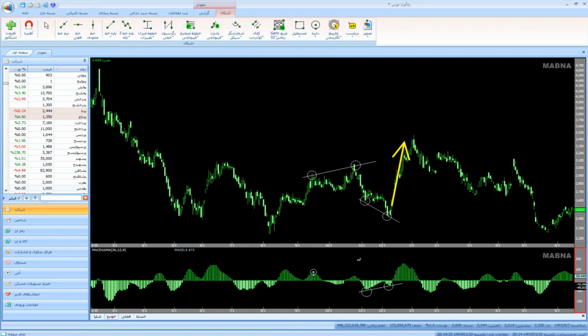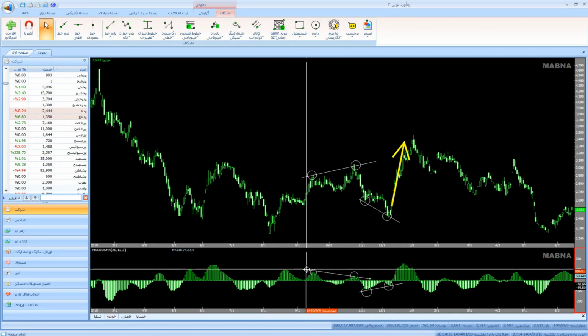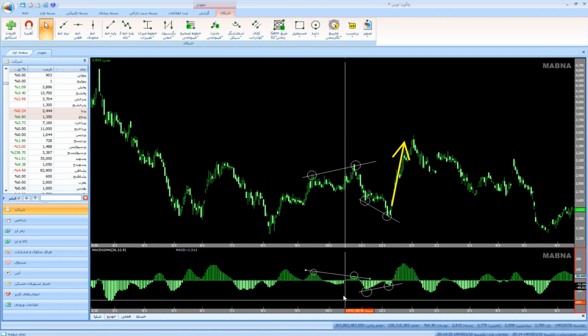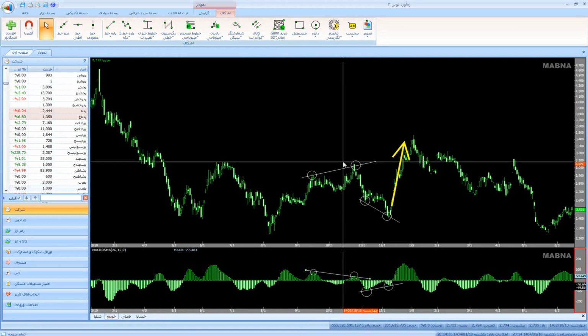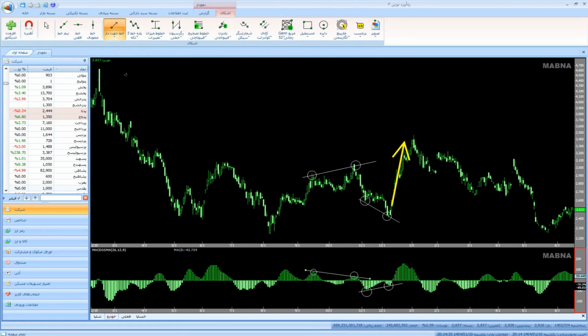Here we see exactly these peaks. A line with a negative slope is formed from the geometric location connecting the corresponding MACD peaks. And from here on, we witness the powerful phenomenon of negative divergence, which is exactly showing us the decline of the chart from the second peak.